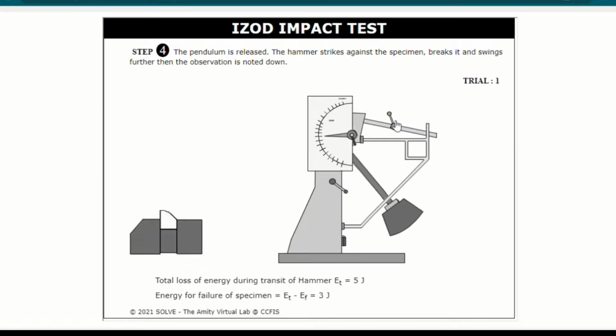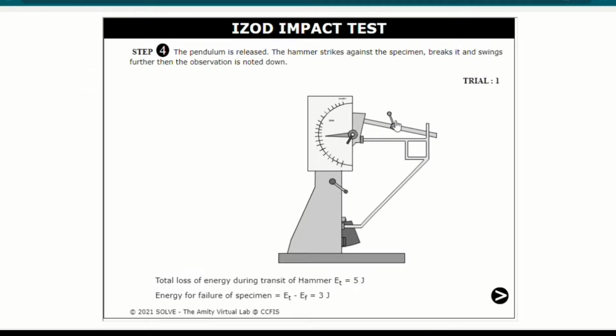So the total loss of energy during transit of hammer is 5. Then the energy of failure of specimen is total energy minus friction energy, so the answer will be 3.